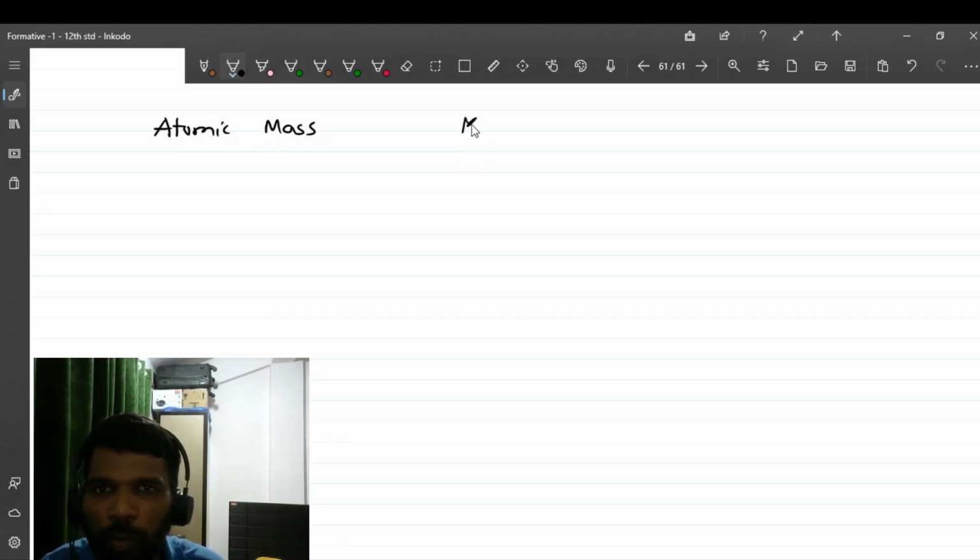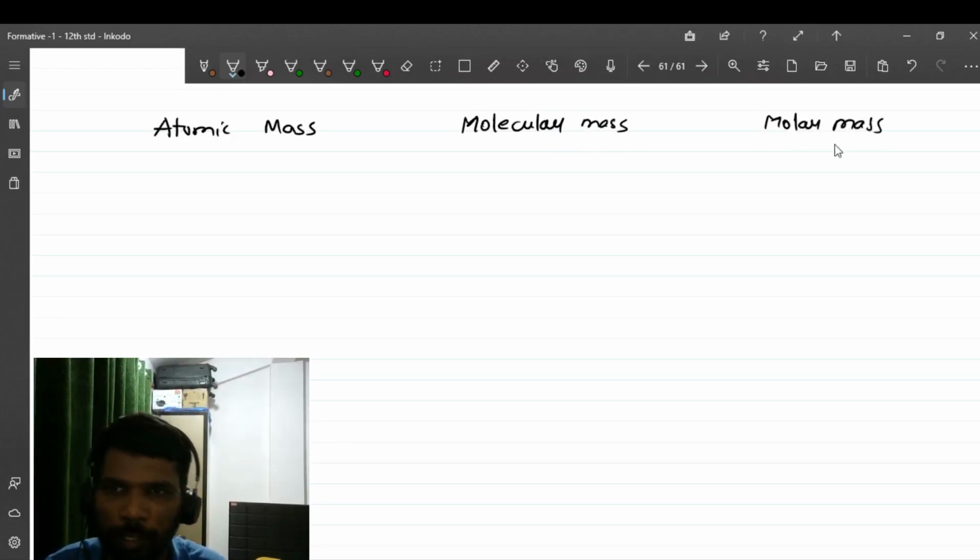Other is molecular mass, and third is molar mass. There is nothing to worry about, it is very simple.